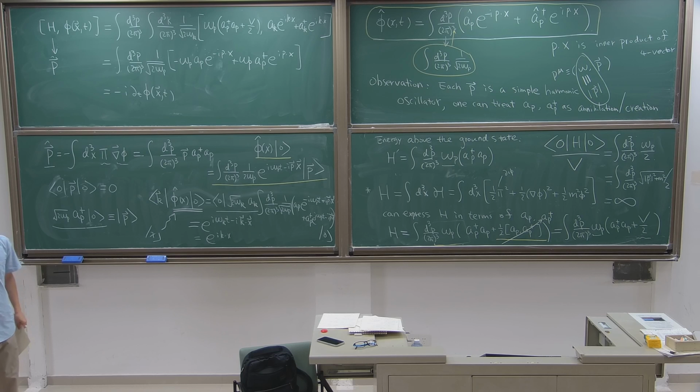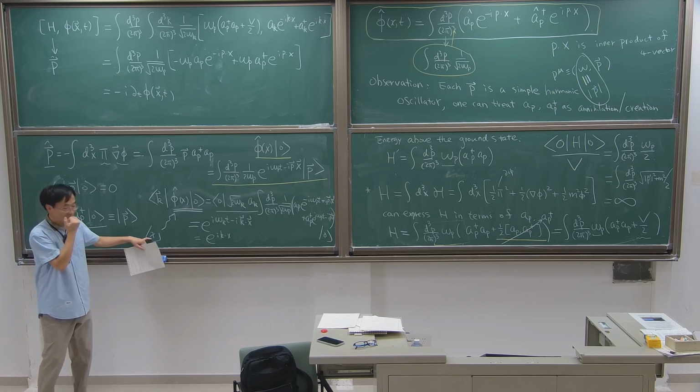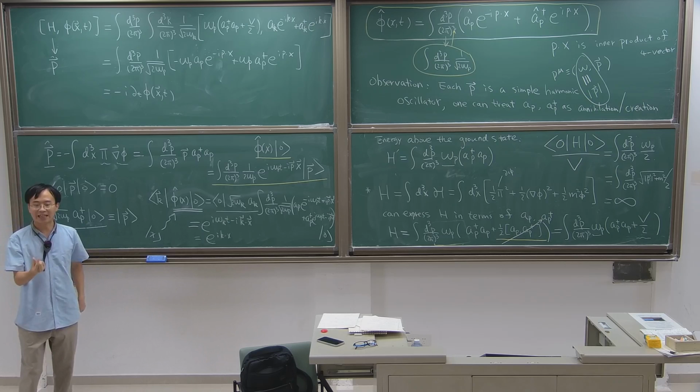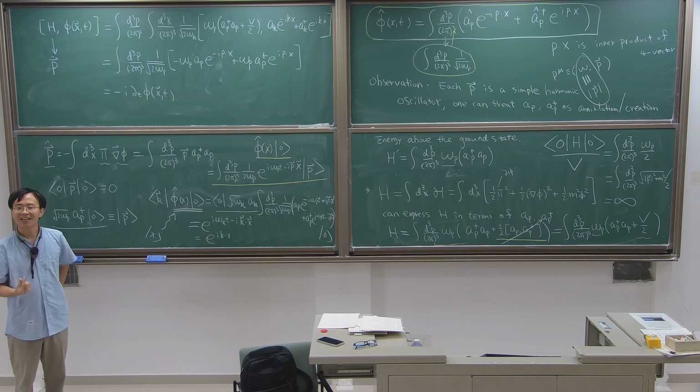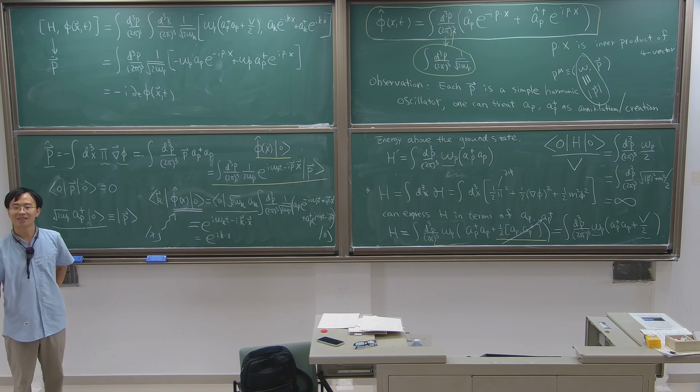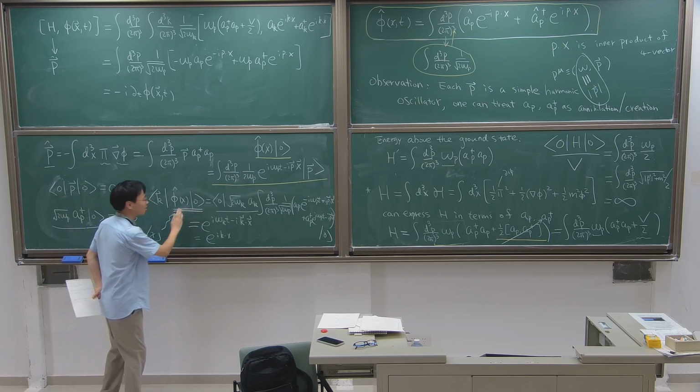In quantum mechanics, we can safely say some state is sharply localized at x position, right? That's called the position eigenstate. It means this state is very localized here, nowhere else. But this state is similar, but not the same.